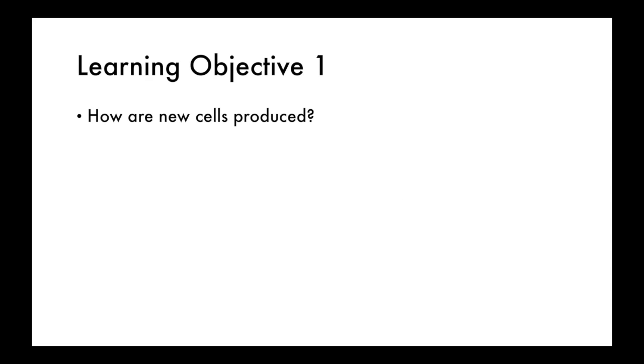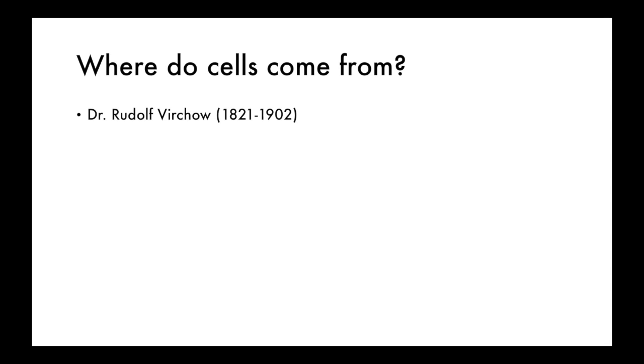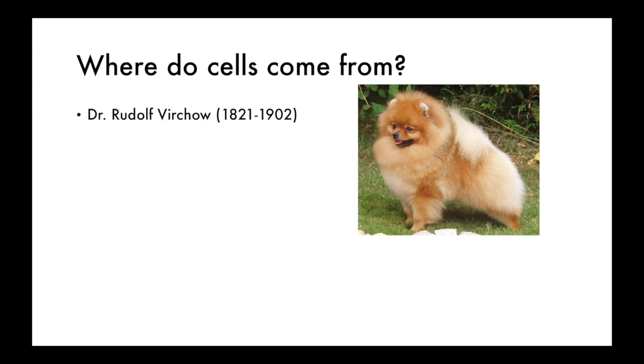So our first learning objective is to figure out how new cells are produced. Well, in order to answer that question, we have to figure out where cells come from. No, they don't come from Dr. Rudolf Virchow. Dr. Rudolf Virchow was from Pomerania, which is in present-day Germany.